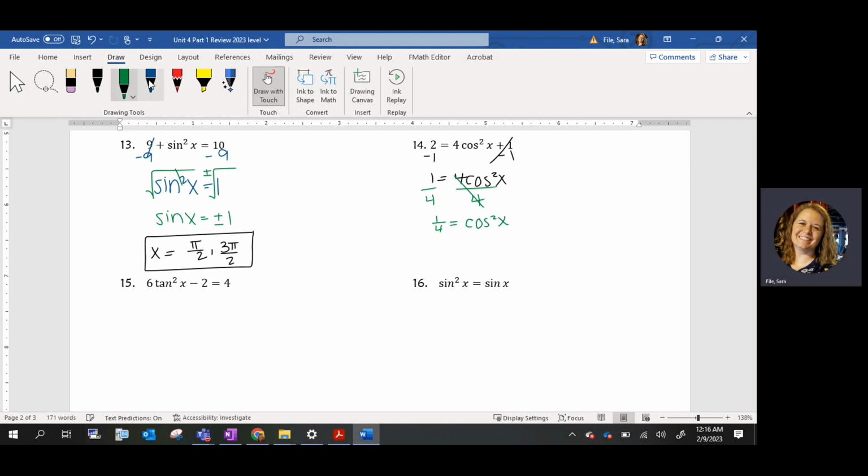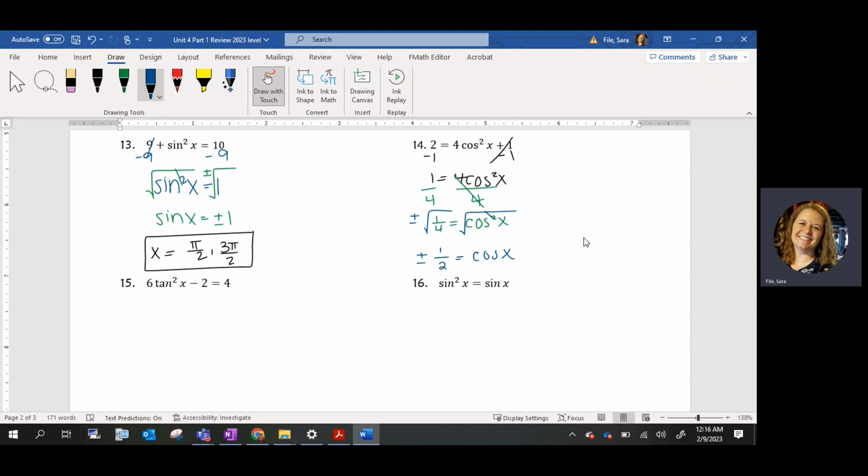And I'm going to take the square root, get rid of the square, and that's going to make a plus or minus over here. And again, remember, when you take the square root of a fraction, you're square rooting the top and the bottom. So the square root of 1 is 1, square root of 4 is 2. And now this is just cosine of x. So now it's just, where is cosine 1/2, positive or negative? It doesn't matter, the sign.